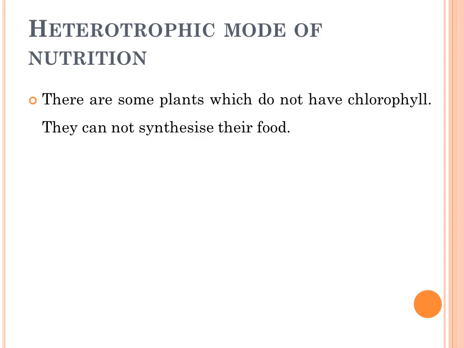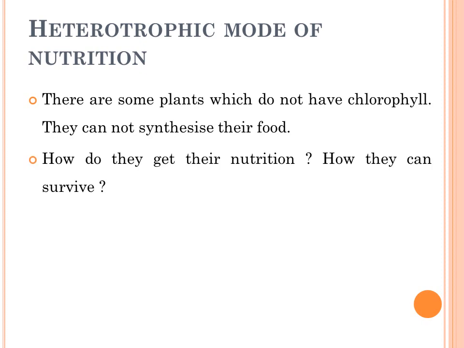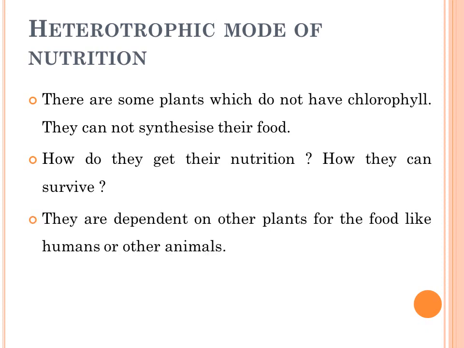There are some plants which do not have chlorophyll and cannot synthesize their food. So how do they get their nutrition? How can they survive? We know that without food, no organisms can survive.